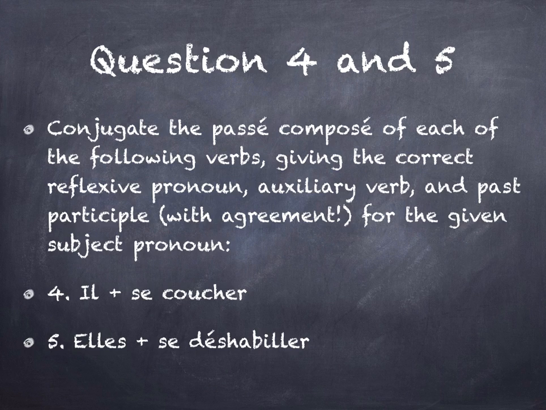So for example, in number 4, where we have il and se coucher, how would you conjugate the reflexive pronoun to match il, or the auxiliary verb to match il, or the past participle out of coucher? How do we agree back with il? Then do the exact same thing again in number 5, but this time with elle and se déshabiller.